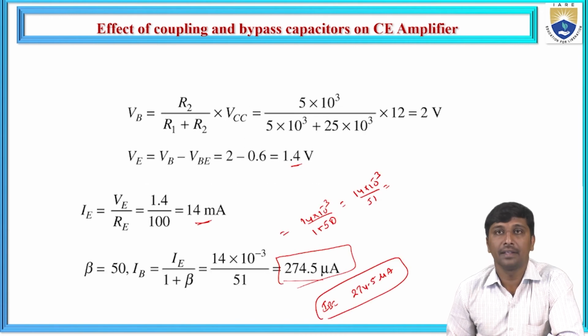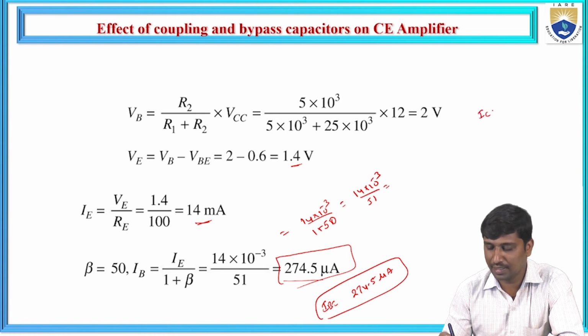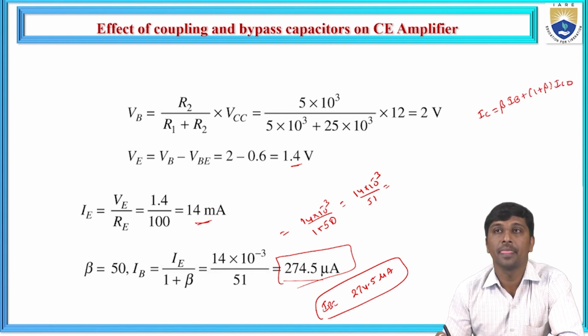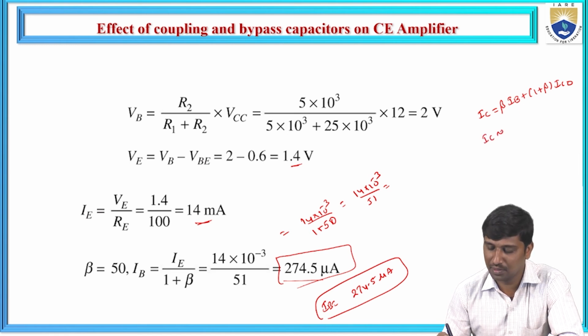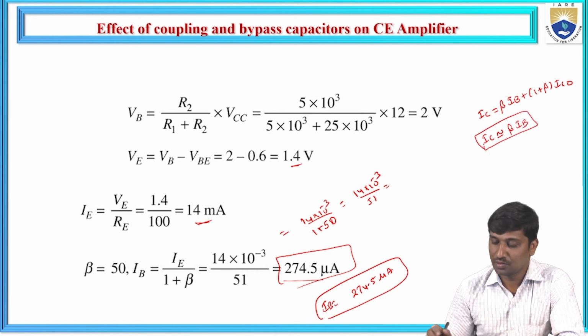Now we need to calculate the collector current. We know that for the common emitter amplifier, the collector current is represented as beta times IB plus 1 plus beta times ICO, where ICO is the reverse saturation current. The reverse saturation current is very, very small, hence we neglect it. So IC is approximately equal to beta times IB.